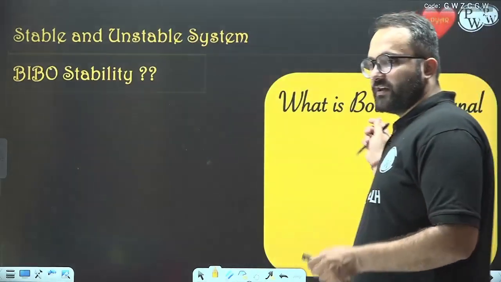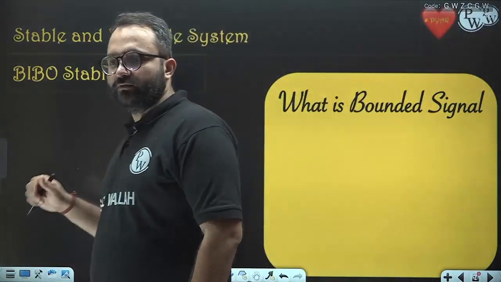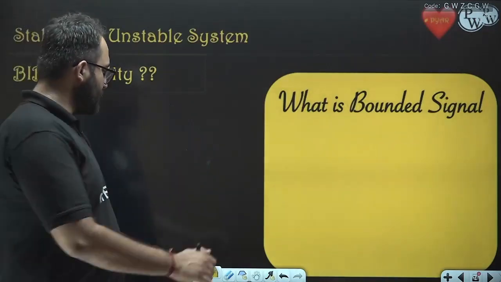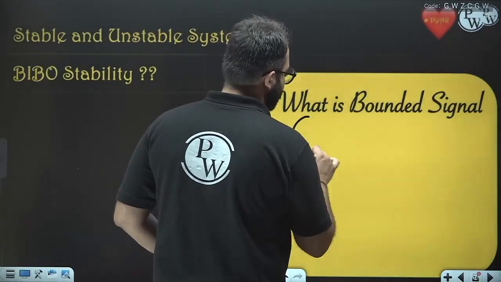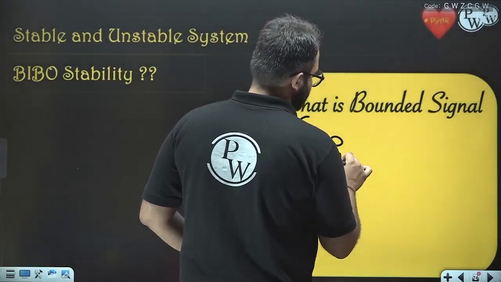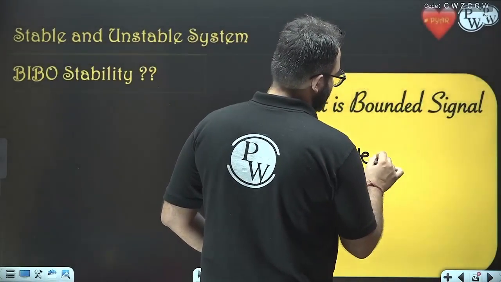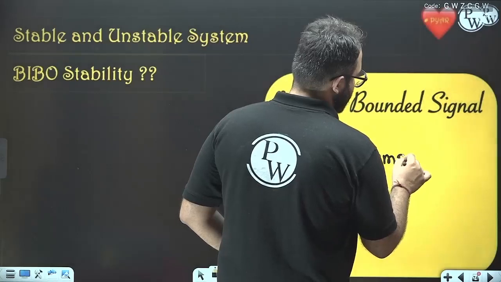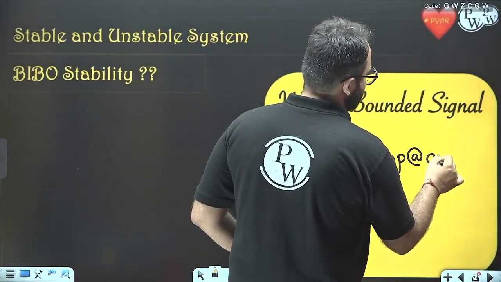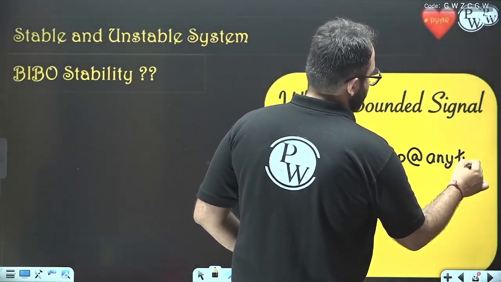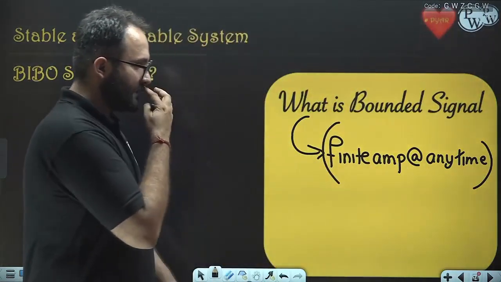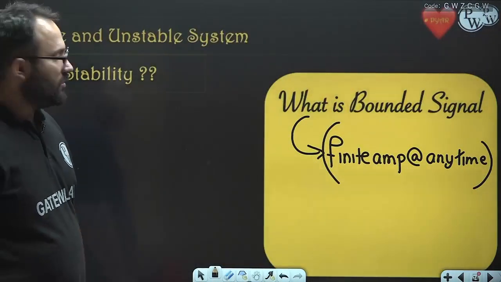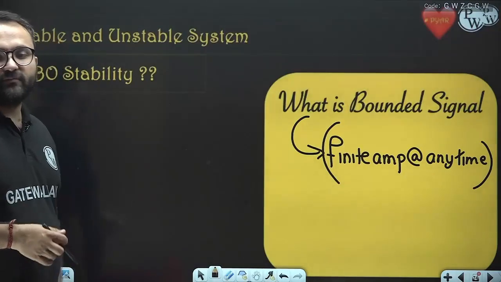So we have written here what is a bounded signal. I have already told you, a signal which has finite amplitude at any time instant is called the bounded signal. And I've already told you what BIBO stability is.